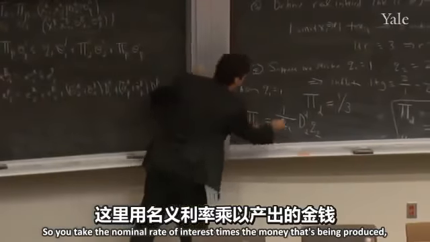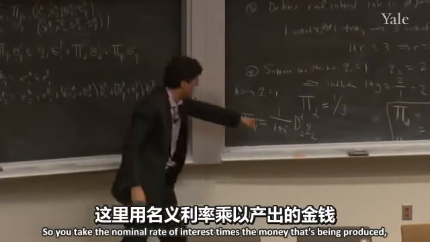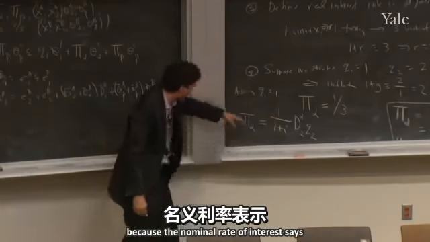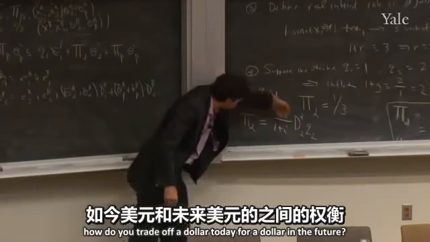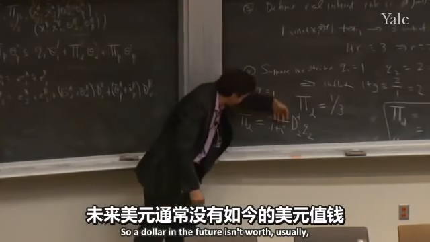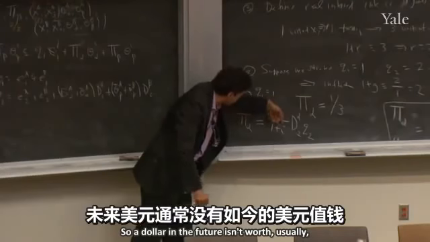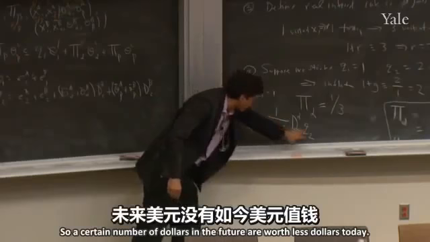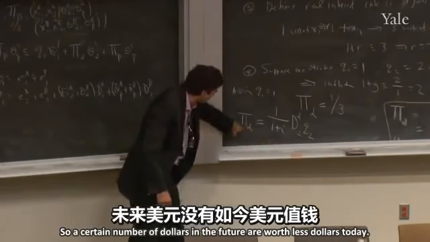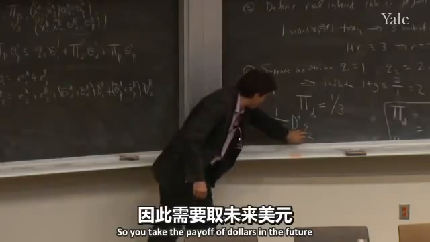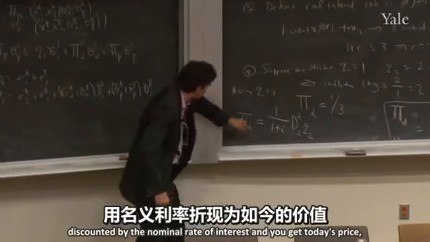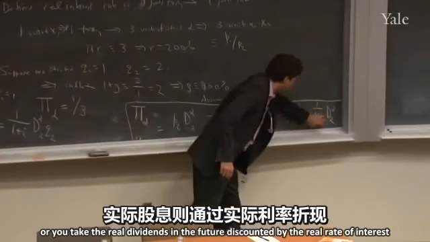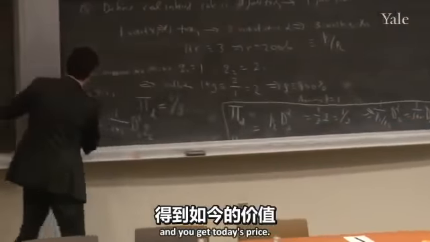So you take the nominal rate of interest times the money that's being produced, because the nominal rate of interest says how you trade off $1 today for $1 in the future. $1 in the future isn't usually worth as much as $1 today, so you have to discount it. So a certain number of dollars in the future are worth fewer dollars today. So you take the payoff of dollars in the future, discounted by the nominal rate of interest, and you get today's price. Or you take the real dividends in the future, discounted by the real rate of interest, and you get today's price.